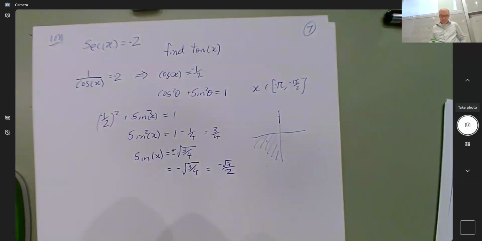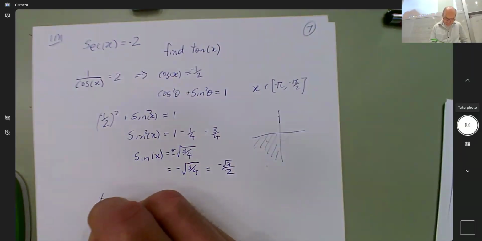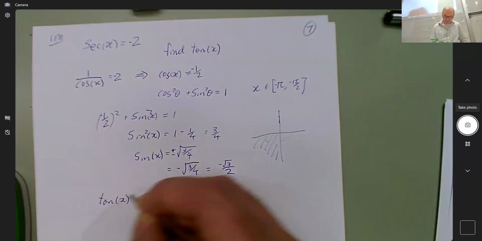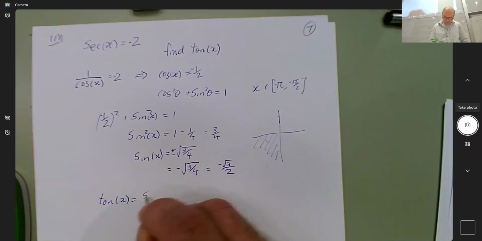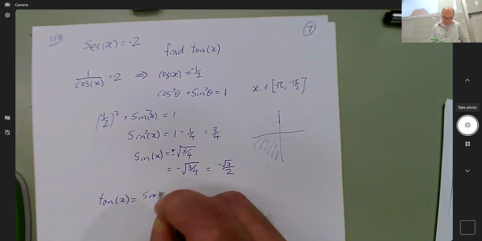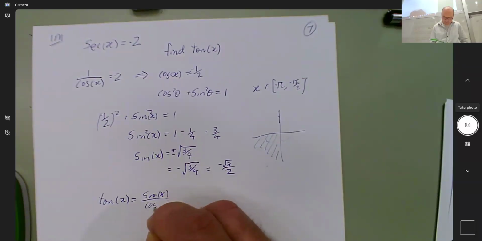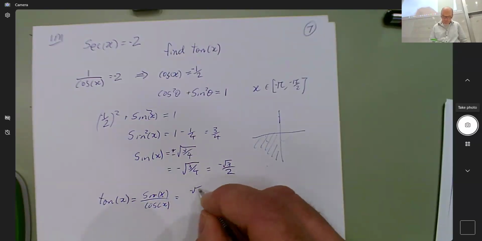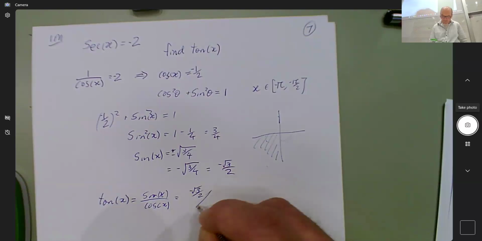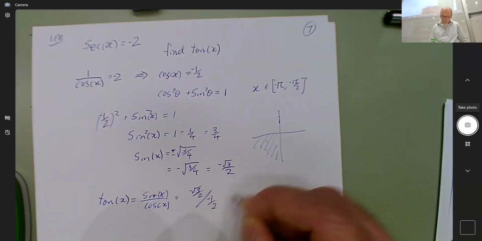I like that better. And then my tan of x is equal to sine of x on cosine of x, which is equal to minus root 3 on 2 on minus 1 on 2.